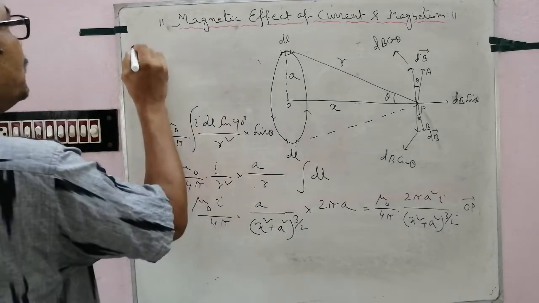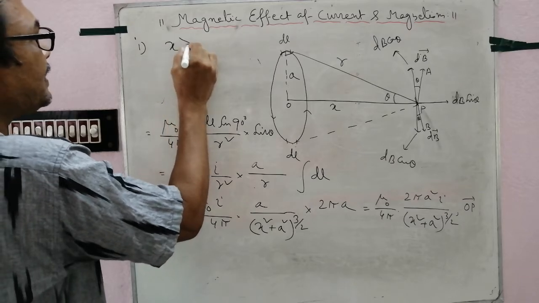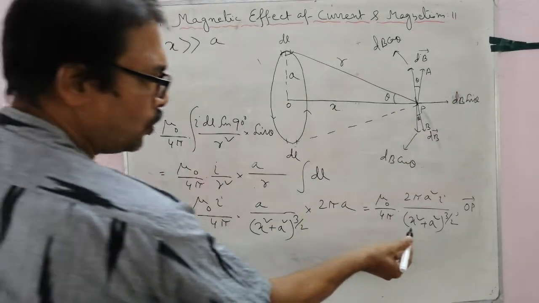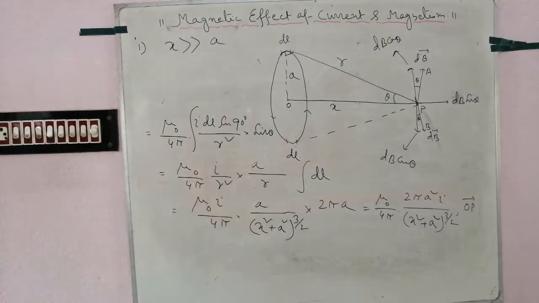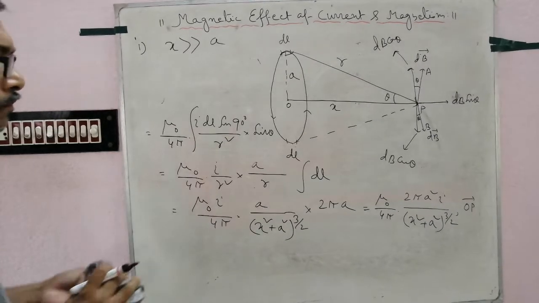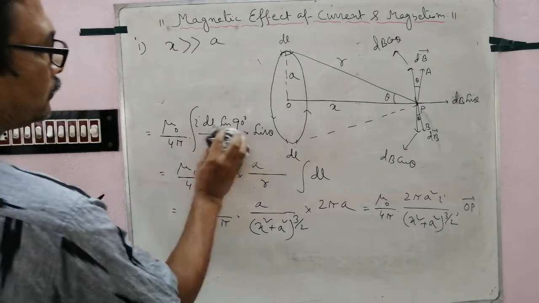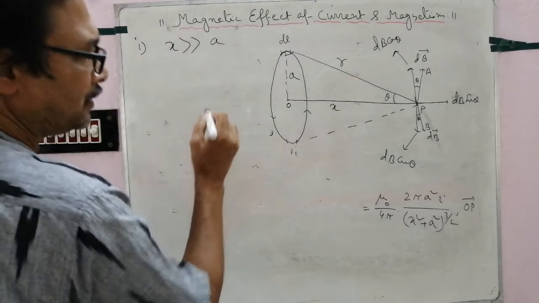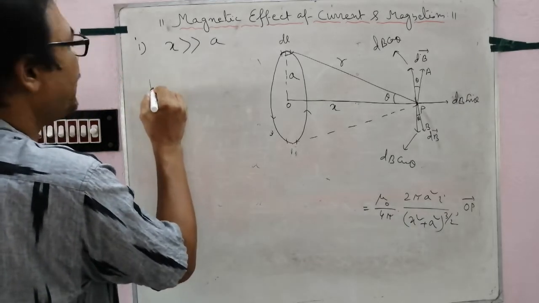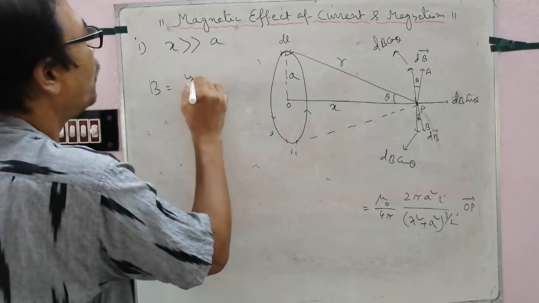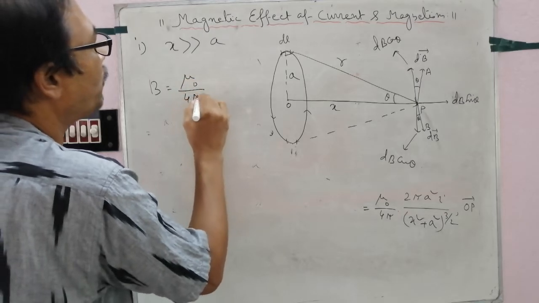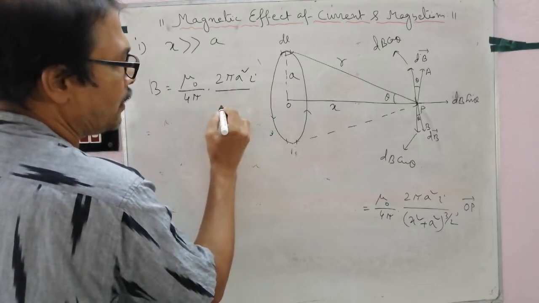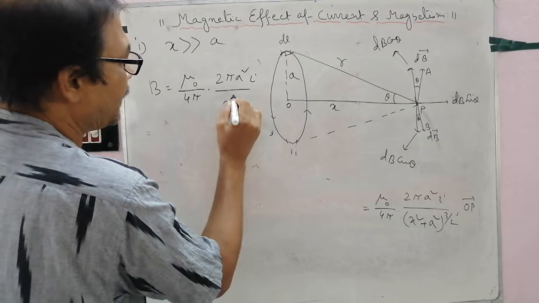Now, case number 1, if x is greater than a, a very long distance, then B equals mu naught by 4 pi, 2 pi a square I by x cube.